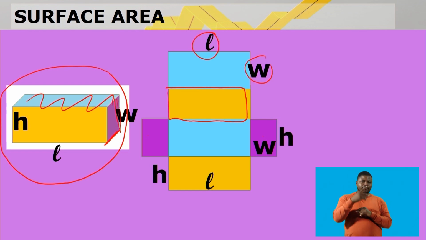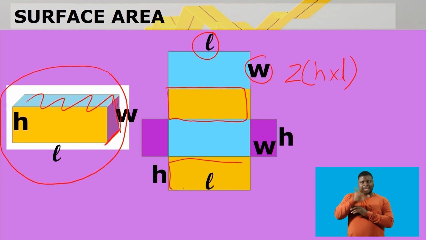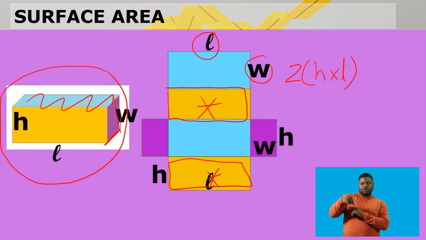So if we look at surface area, the formula is going to be 2 times the height times the length, because remember, it is area. So the area of this one times 2, there's the first one and the second one, plus 2 times the width times the height.